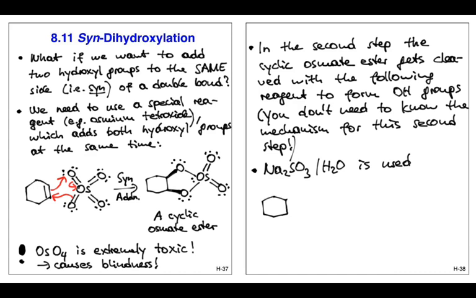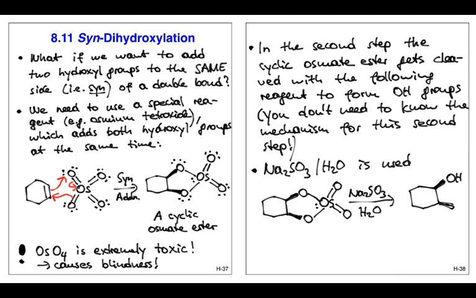So if we draw out the whole thing, this is the cyclic osmate ester we're starting with. Now we are using sodium sulfite, which is actually a reducing agent, in water. And now we're forming just two hydroxyl groups which have been added in a syn fashion from the same side of the double bond.